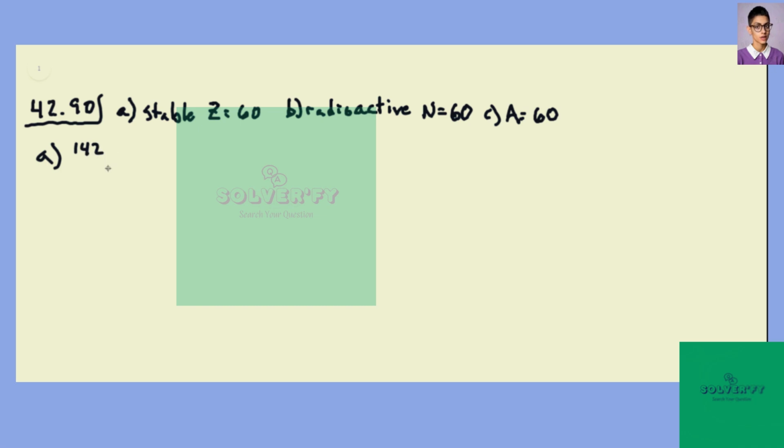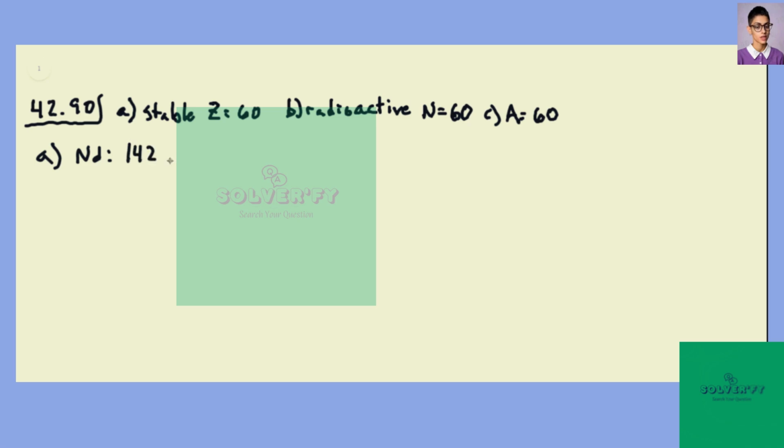So this is neodymium, which has 60 protons. And so at least one source for this, in this case, we might as well just write neodymium and then the mass numbers.